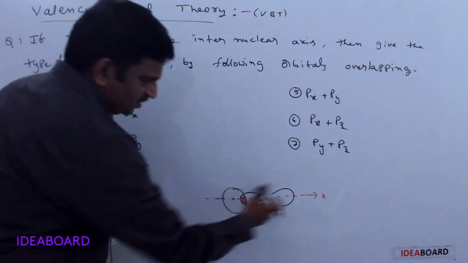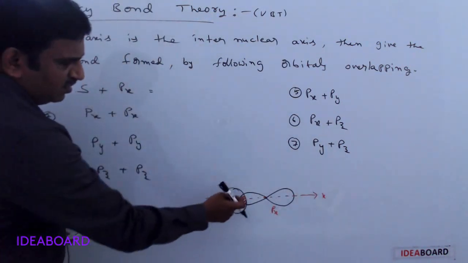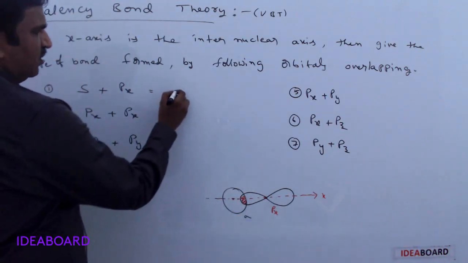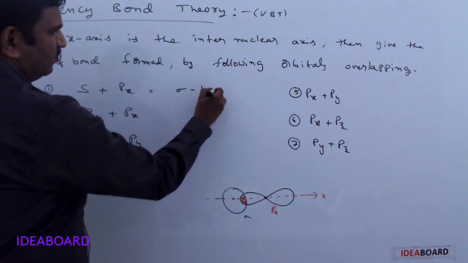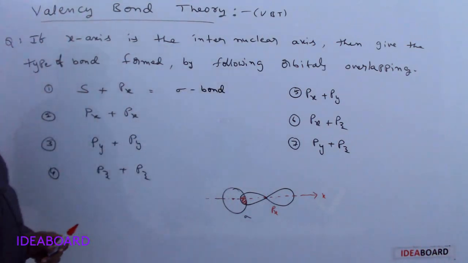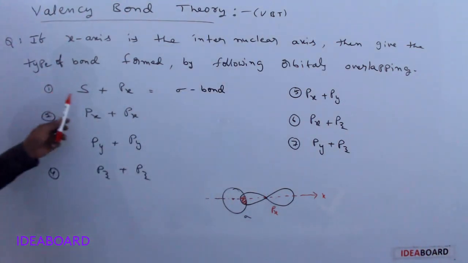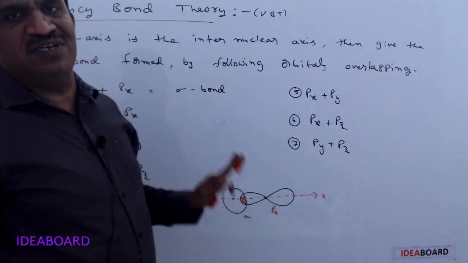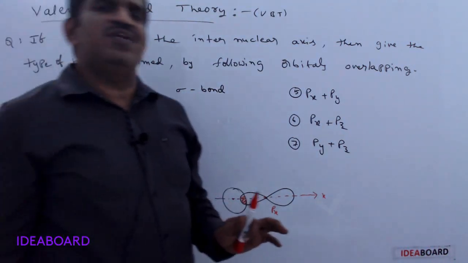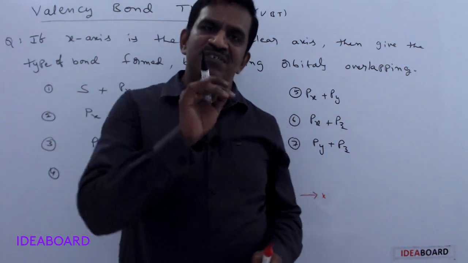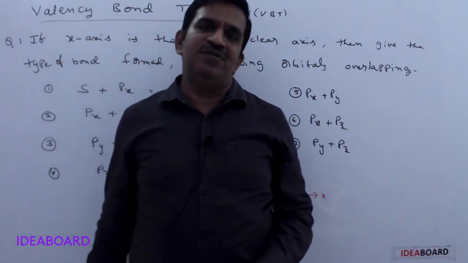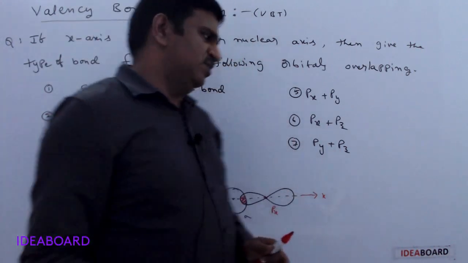So on the x axis the overlapping is occurring and the bond formed is always a sigma bond. So what is the bond formed here? We can write it as a sigma bond. So any sp overlapping is always a sigma bond. I said already that ss overlapping and sp overlapping is a sigma bond only. It can never be a pi bond. It is only a sigma bond.